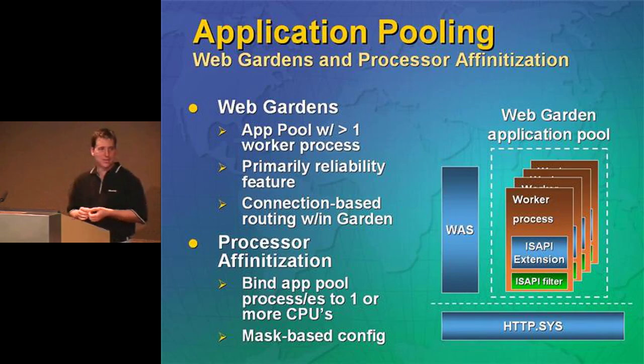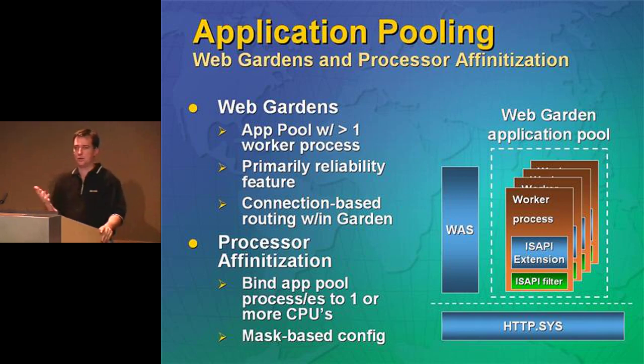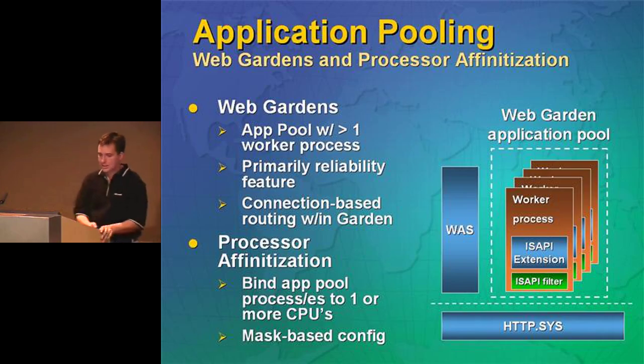It's a similar name, but it's not really related to a web farm, which is a cluster of IIS servers. A web garden is just on the machine, and it's basically when an app pool has multiple worker processes. I mentioned connection-based routing, so HTTP.sys is smart enough, through the request queues and the app pool mapping, to send requests to all those worker processes in the web garden.